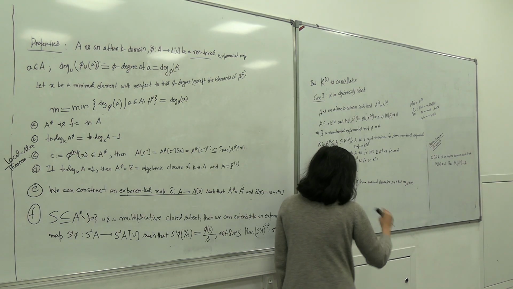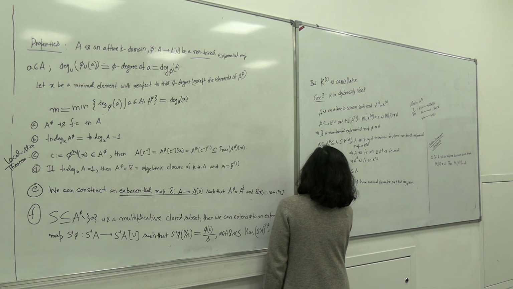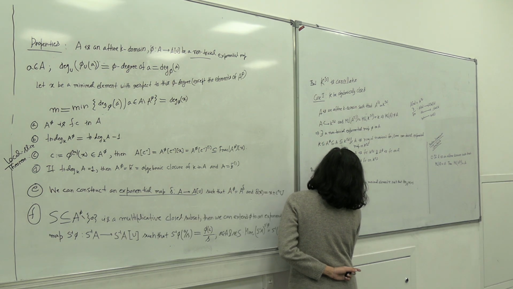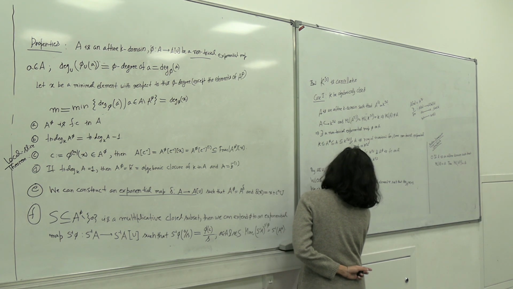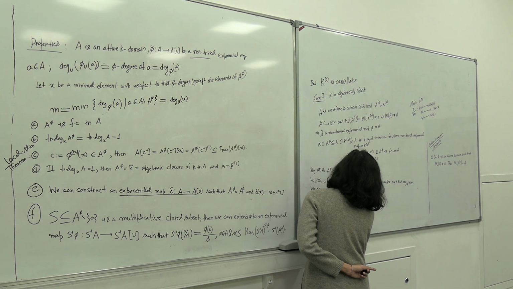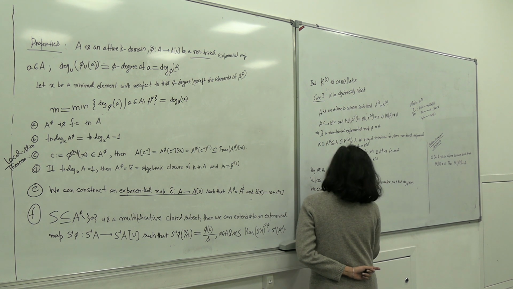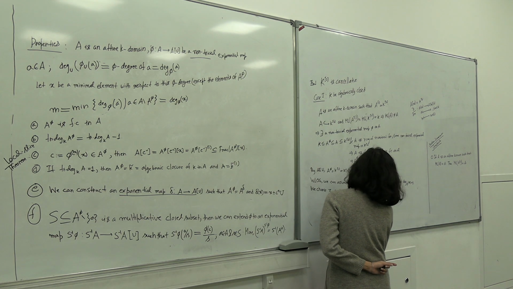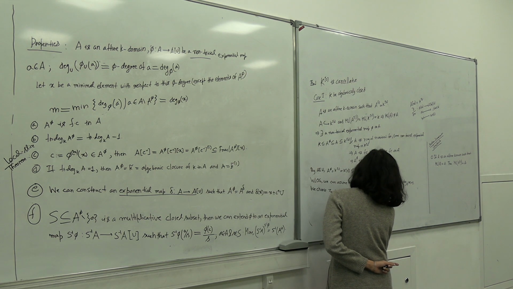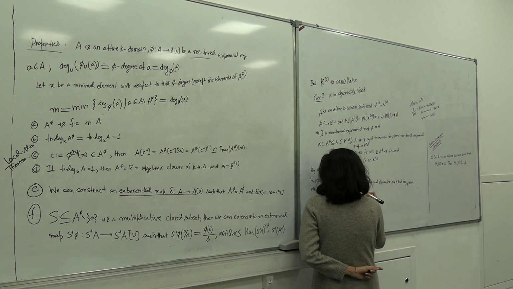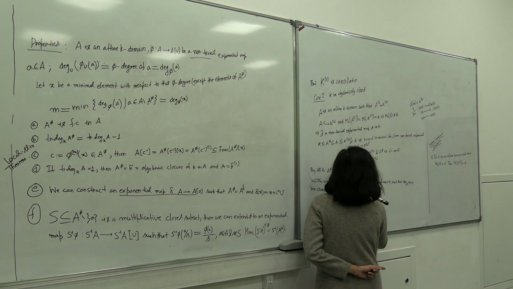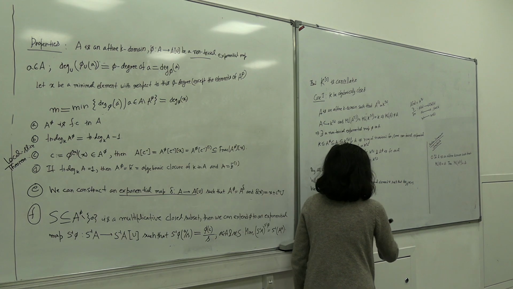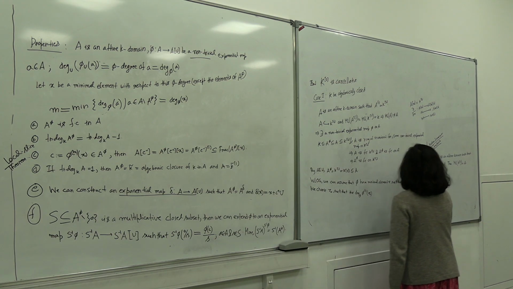Now, among these minimal elements, we choose z0. We choose z0 such that the y degree of phi 1 of this z0, because now the minimal degree of this is 1.